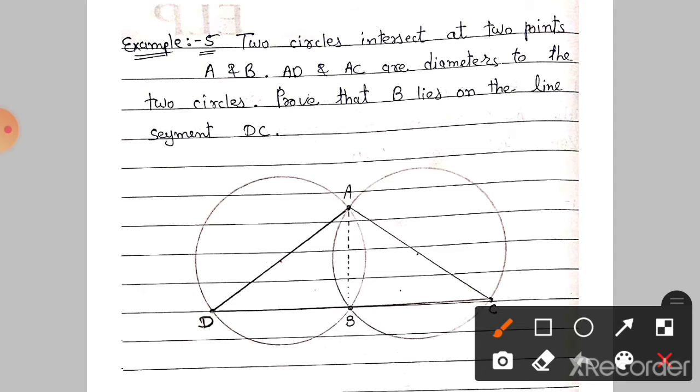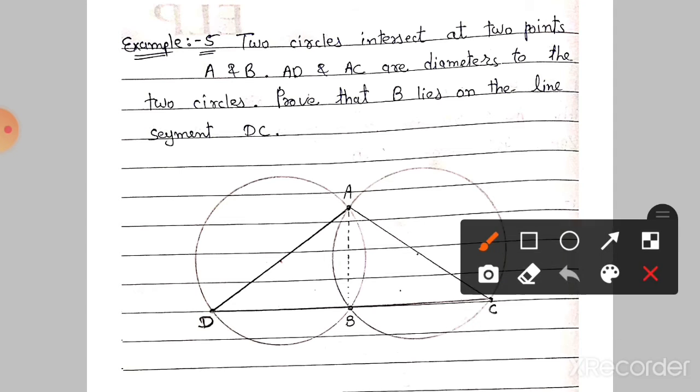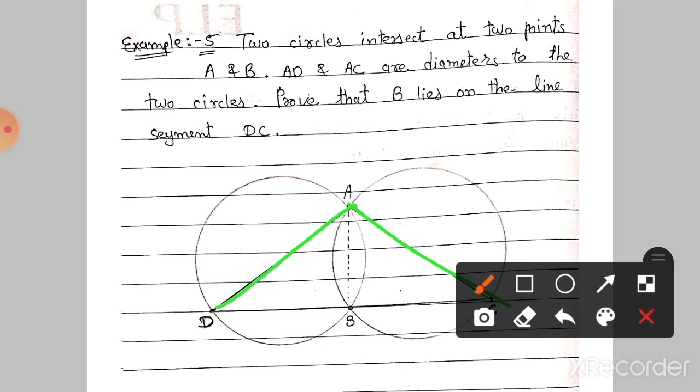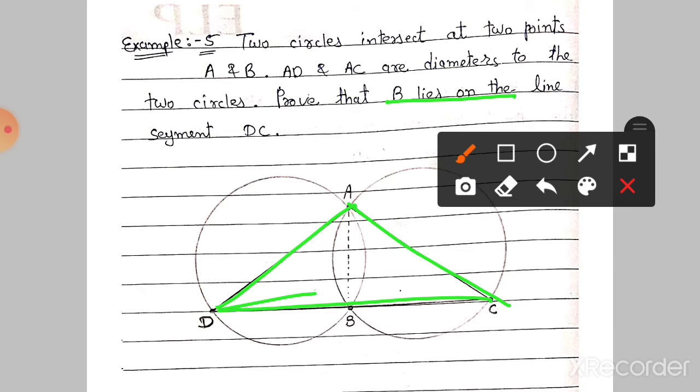Okay, these are our diameters. Prove that B lies on the line segment CD. So we need to prove this point B lies on CD. We can see from the figure that B lies on CD, but we have to prove it mathematically in written statements.